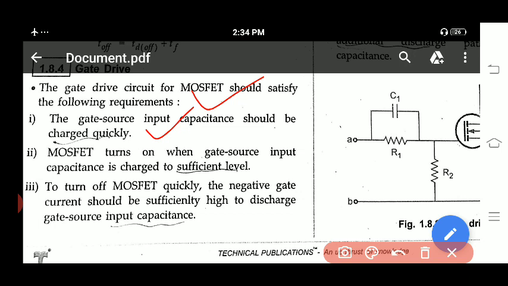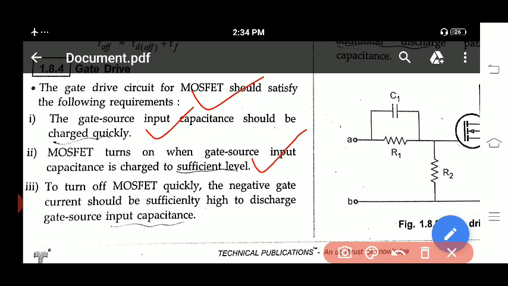That is the requirement you are expecting. The MOSFET turns on when the gate-source input capacitance is charged to full level. Obviously, whenever it is charged to full level, only then does it start to conduct maximum ID. So you want to avoid TD plus TR.